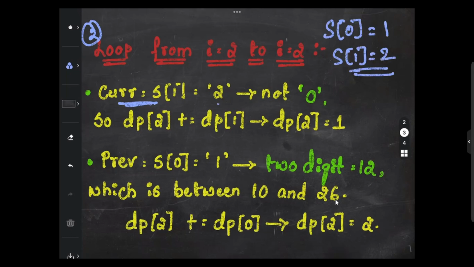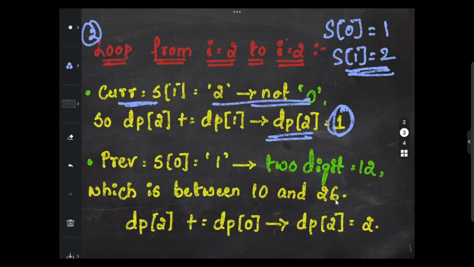Since S of 1 is 2, not 0, DP of 2 equals DP of 2 plus DP of 1. In this case, DP of 2 equals 1.